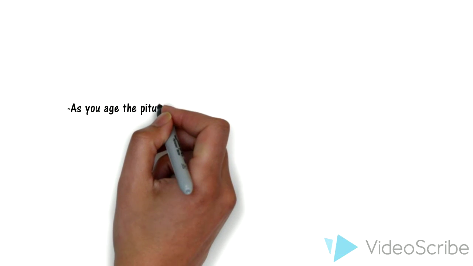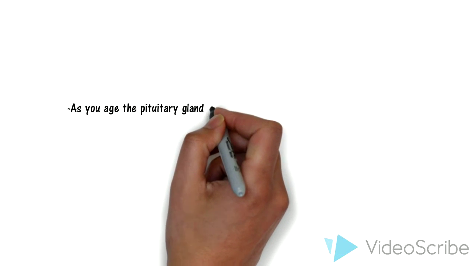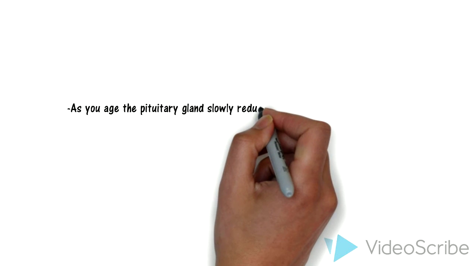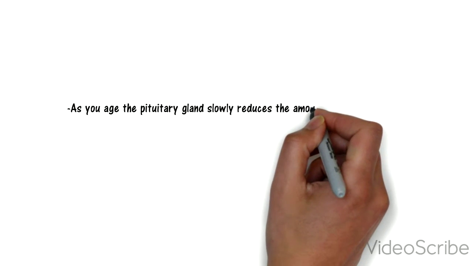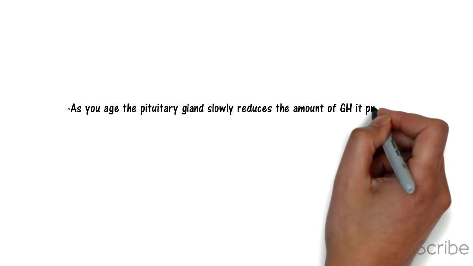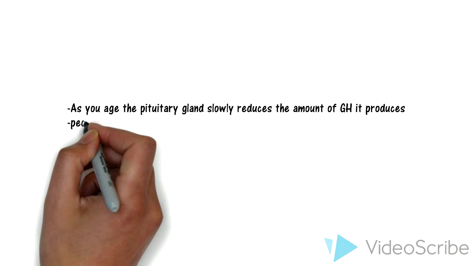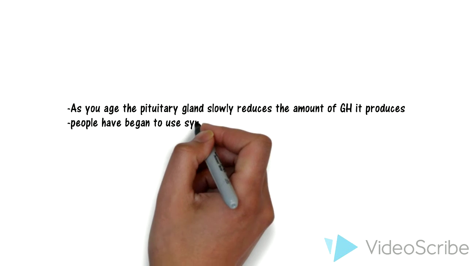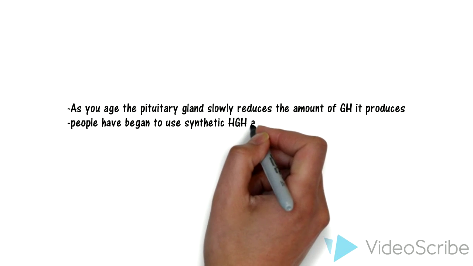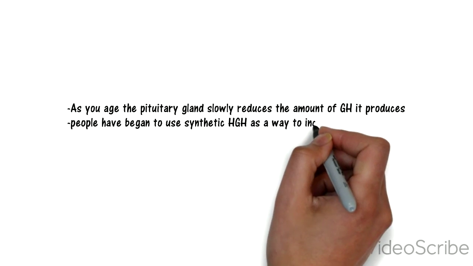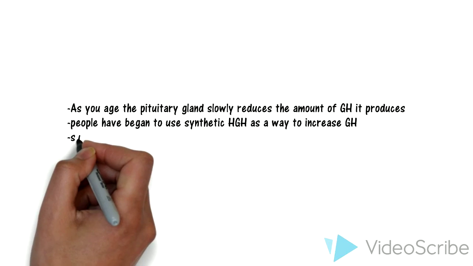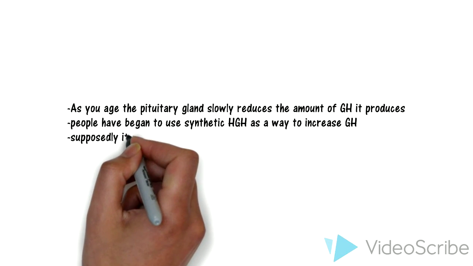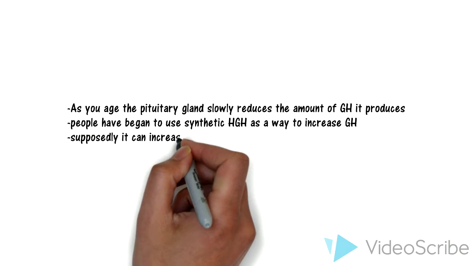So as you age, human growth hormone is produced in lesser amounts. So humans are trying to find ways to keep human growth hormone being produced. So they take synthetic drugs or an injection to increase the amount of growth hormone being produced past puberty.